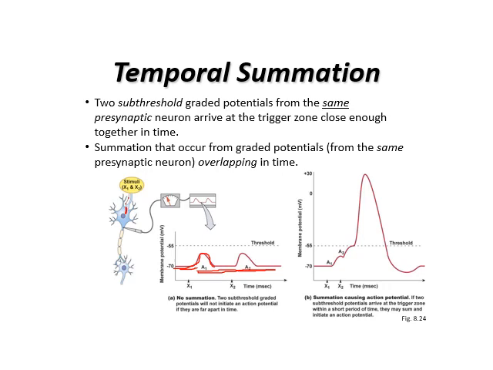But if the action potentials happen almost simultaneously here, boom, boom, very quickly, when we reach the action or trigger zone, they may be close enough in time, temporal, to be summed together.